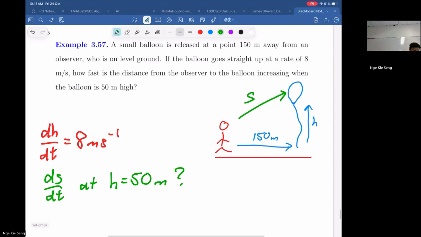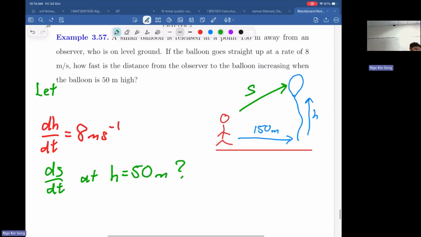In a proper write-up, you should say: let s be the distance between the observer and the balloon.